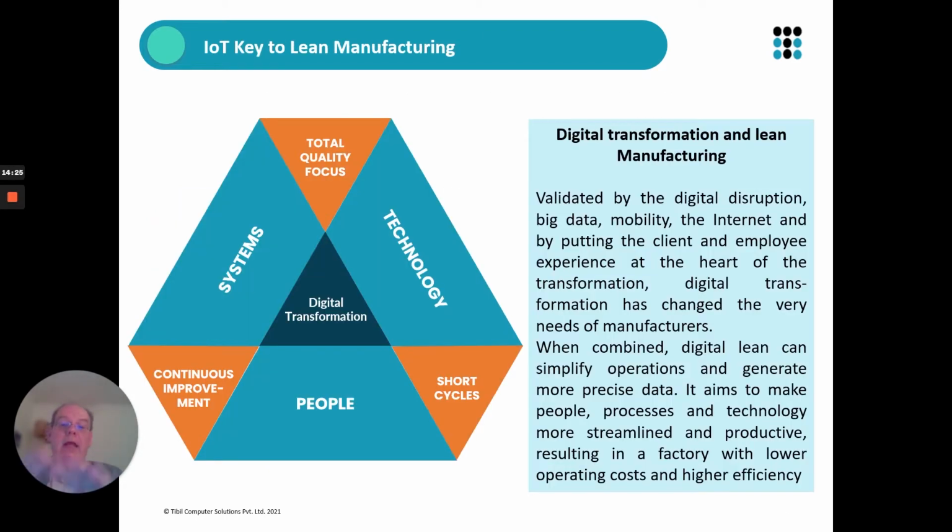And then at the end of the day, what you want to achieve with all your digital transformation is to reach a new form of lean manufacturing, of lean management. And the interesting thing, when you look at the graph here, is that the digital transformation is the center point.